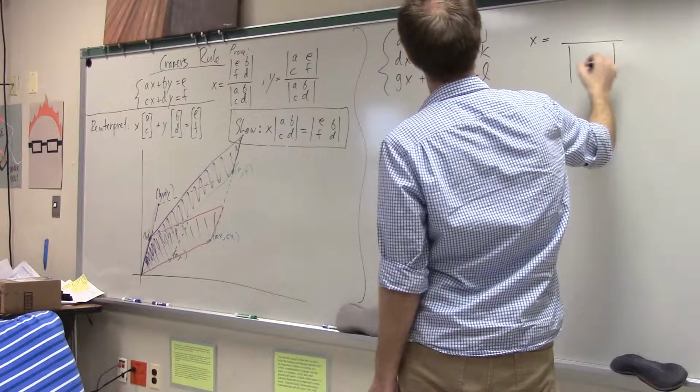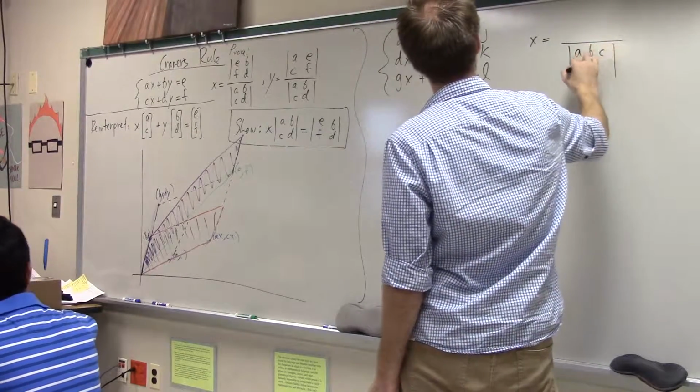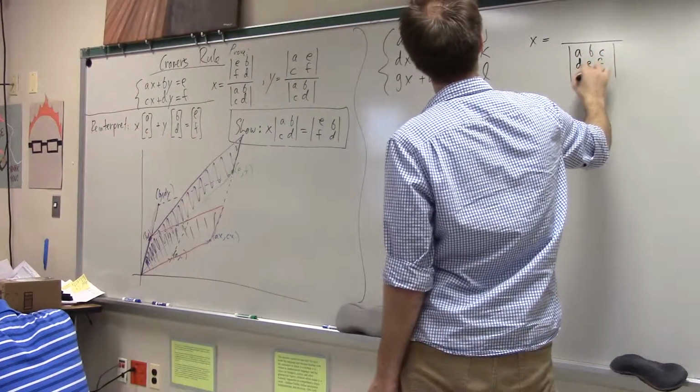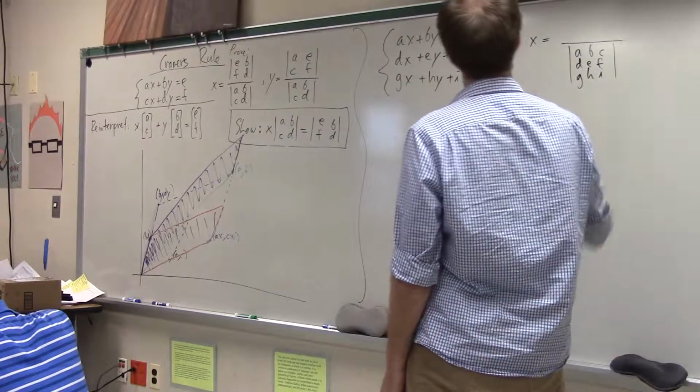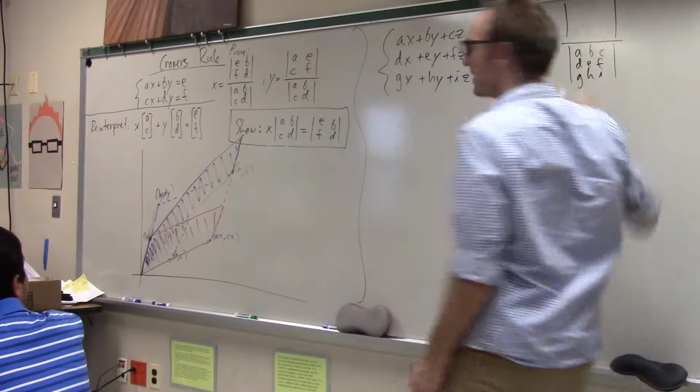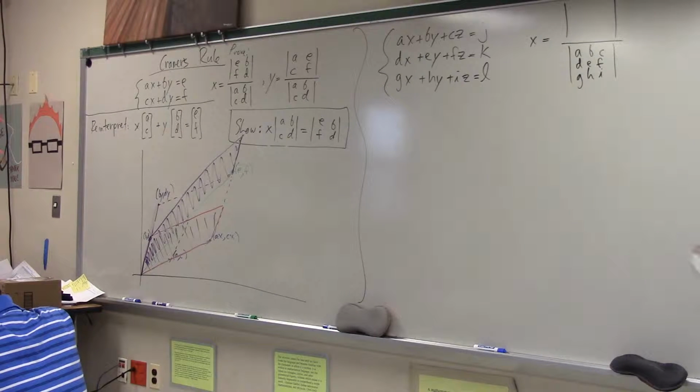The denominator is the determinant of the coefficient matrix, A, B, C, D, E, F, G, H, I. And the numerator is what you get when you replace the constants in for the x column.